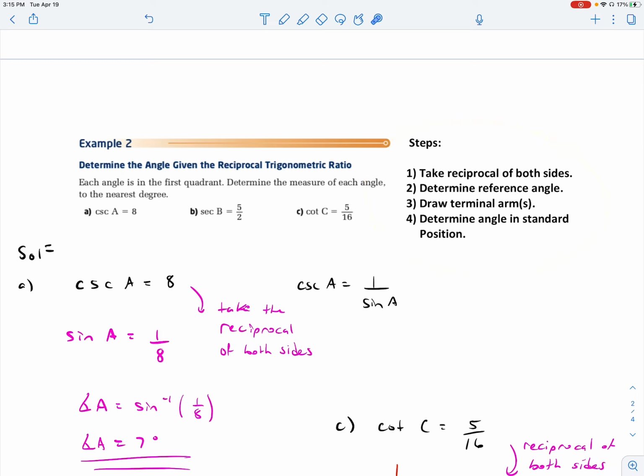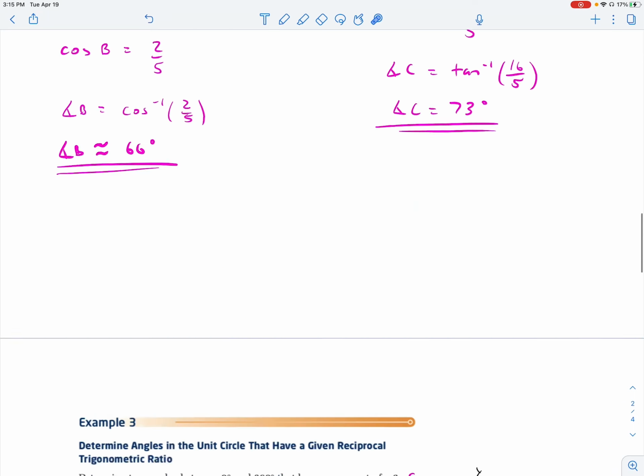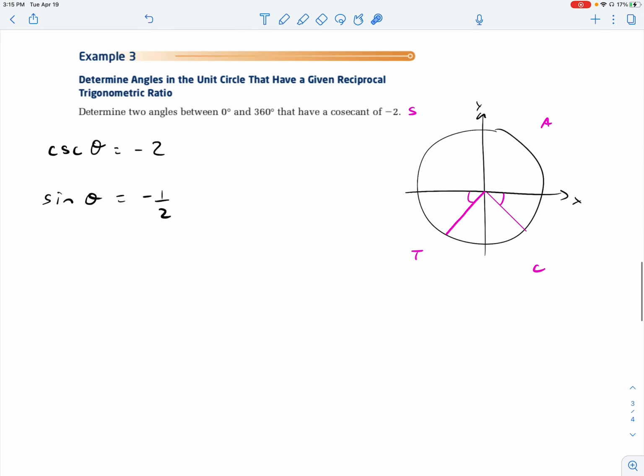So this example is a lot like the last one. We're just finding both angles. It says determine the reference angle. I can actually use my calculator to help me with this. Let's solve for theta and see what angle the calculator gives us.